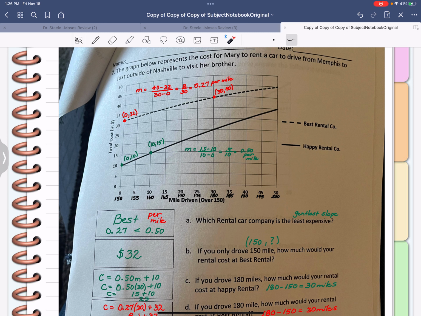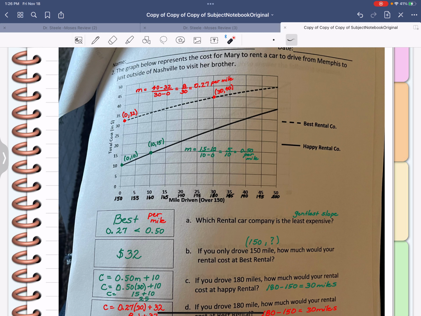That's all I can see on this graph. But when you factor in the intercept, it's not going to be cheaper all the time, even though it's the gentler slope. Now, when these two intersect, the condition changes.